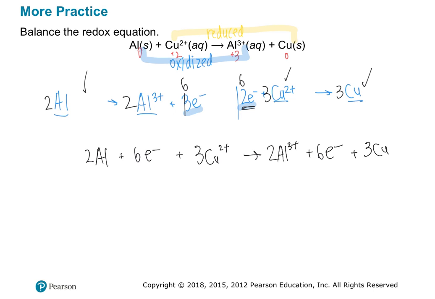So we will cancel out our electrons and we get our balanced reaction. So we get 2 aluminum plus 3 copper ions go to 2 aluminum ions plus 3 copper metal. Okay, hopefully this process is a little easier to follow since we don't have any oxygens and hydrogens to balance out.